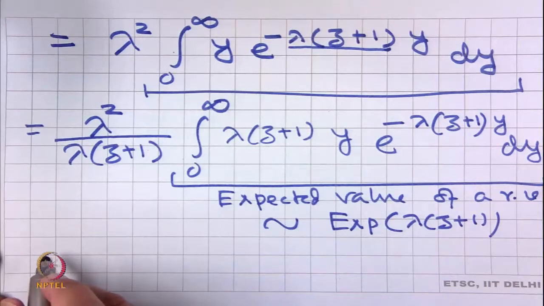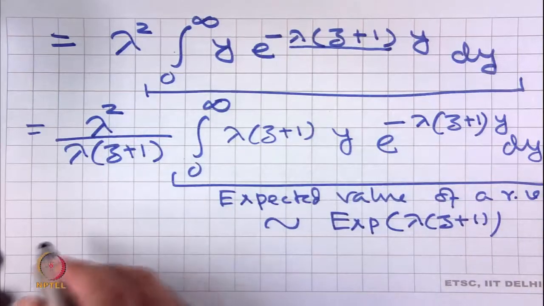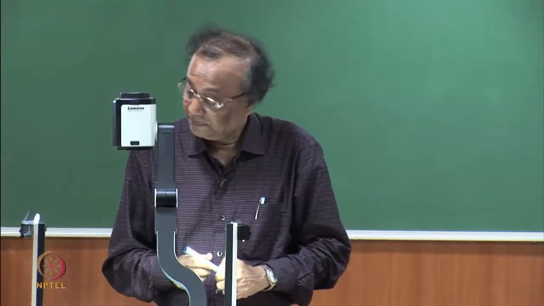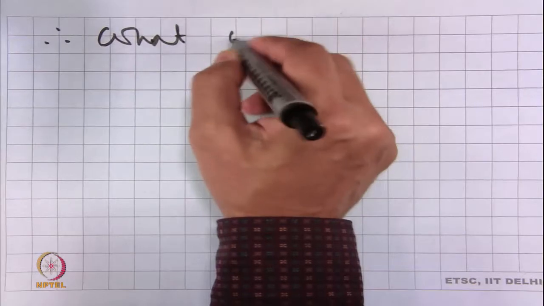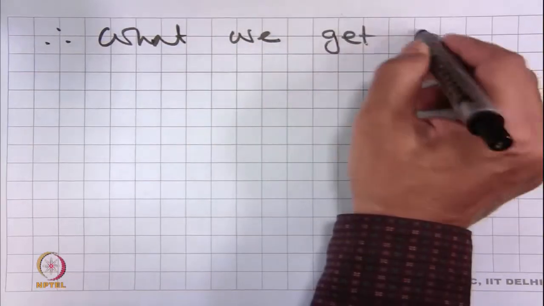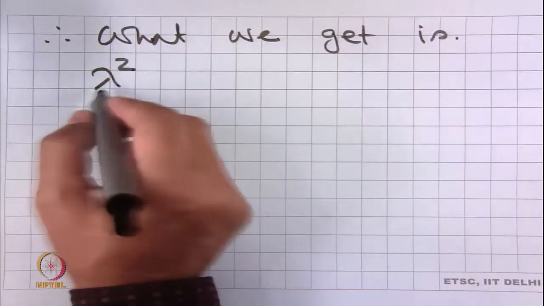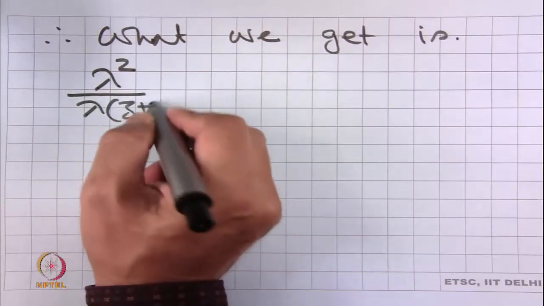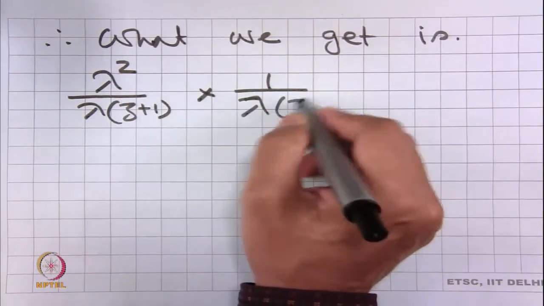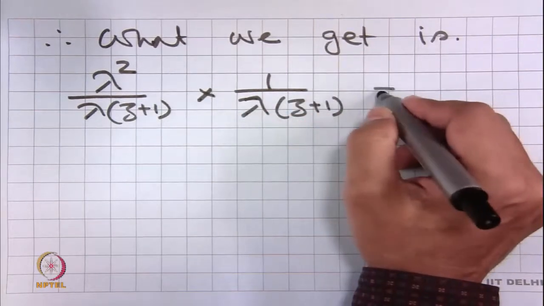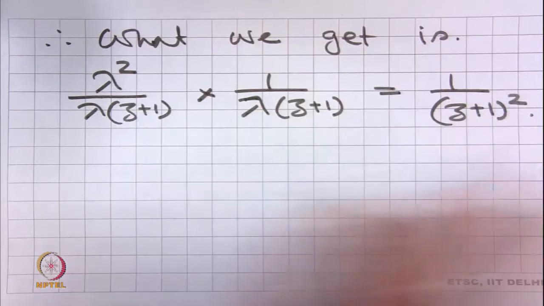If you accept that part, then we know that this expectation is going to be 1 upon lambda (z+1). Therefore, what we get is lambda squared upon lambda (z+1) multiplied by 1 upon lambda (z+1), which is equal to 1 upon (z+1) squared.